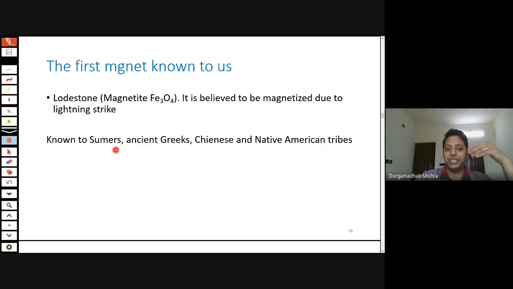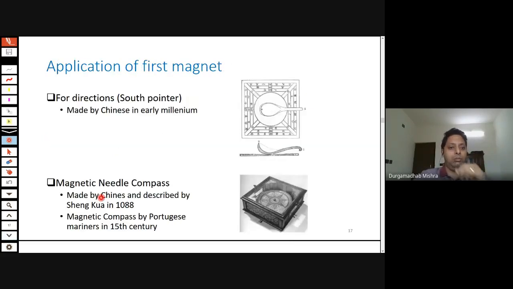Many ancient civilizations knew about these magnets, this lodestone basically: the Sumerians, ancient Greeks, Chinese, and Native American tribes even used magnets. And what was the first use? Basically, the first use was the compass, right?